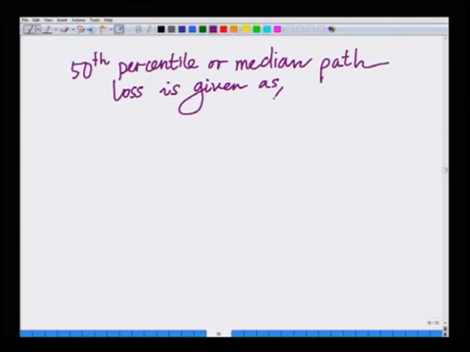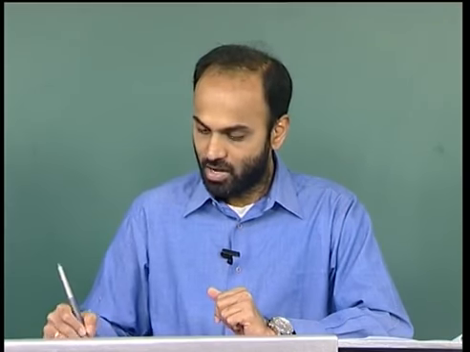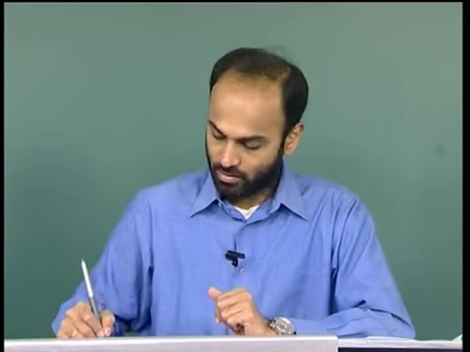What is the 50th percentile? The 50th percentile essentially says that half of the measured values lie above this and half of the measured values lie below this. So, that is essentially the same as the median path loss.